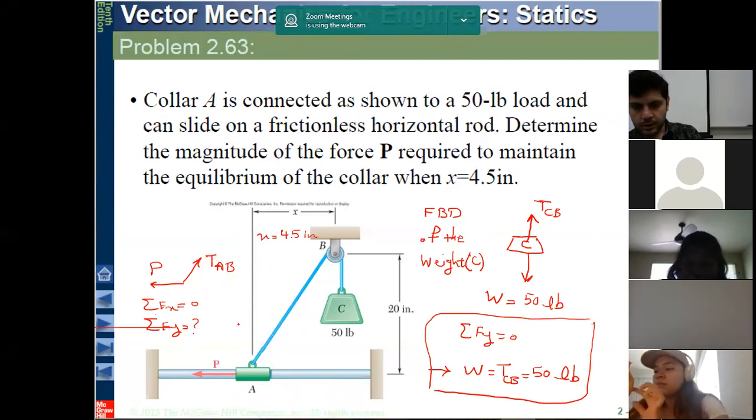So the forces that this rod is acting on this collar could only be in the y direction because there's no friction. So we would get a normal force from the rod. Any questions so far?